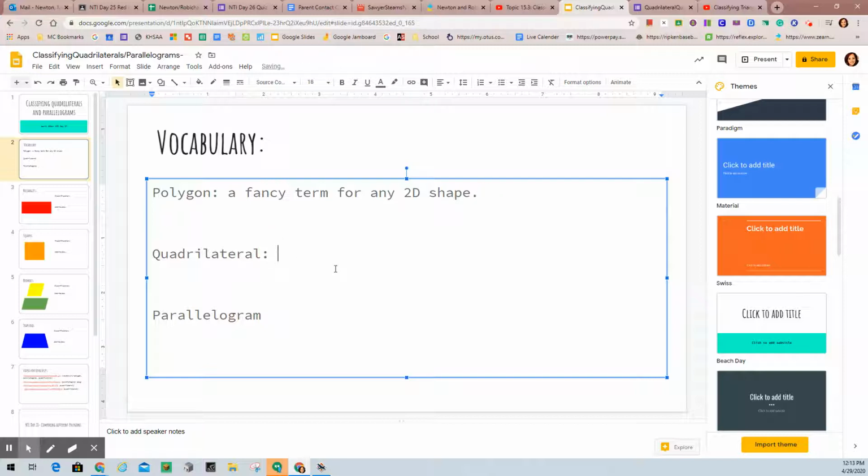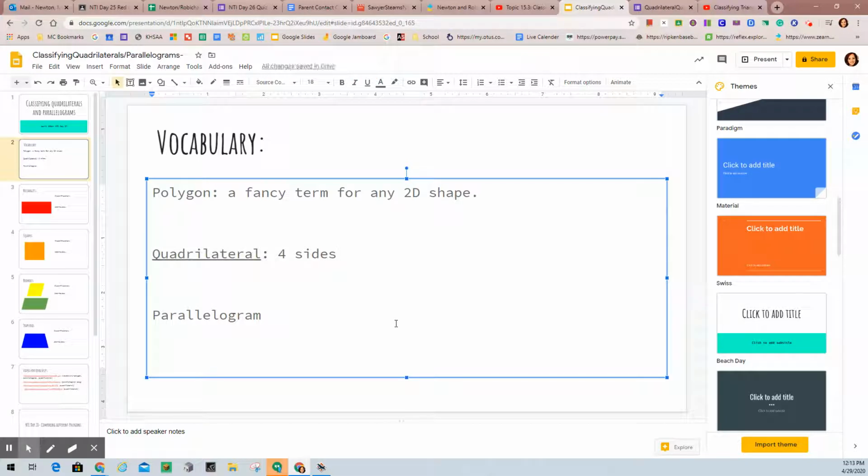Now, let's dive into what's a quadrilateral and how we are going to classify them, meaning how we are going to identify them and say, yes, they belong in the quadrilateral pile. Well, quad means four, and lateral means sides. So the word quadrilateral literally means four sides.